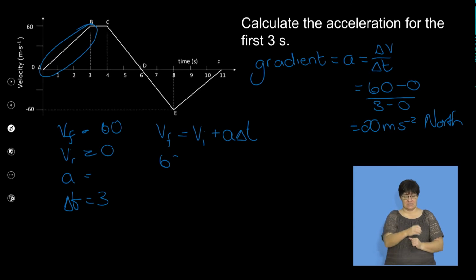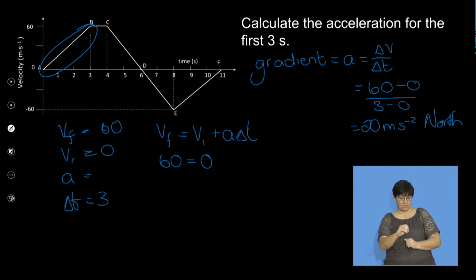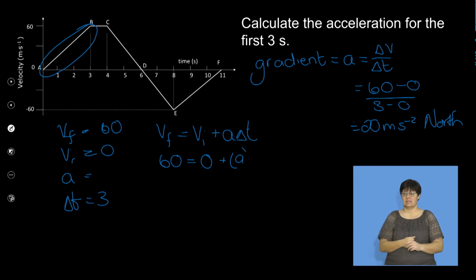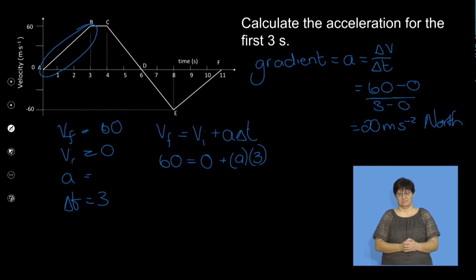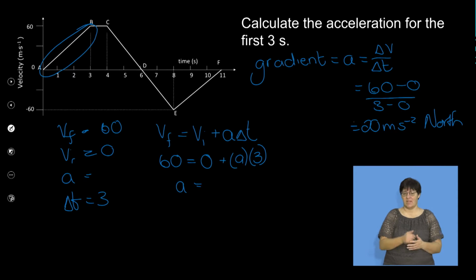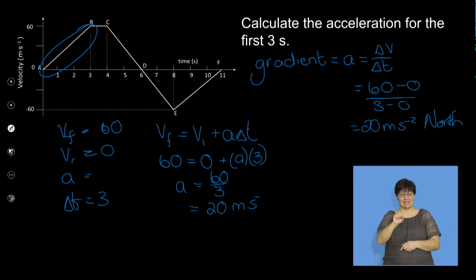Vf is 60. Vi is 0. We want A, and we know it's times by 3. So I'm going to divide by 3 on both sides. Right, so A is 60 divided by 3, which we know is 20, and it's going to be 20 meters per second squared north, because it's positive.